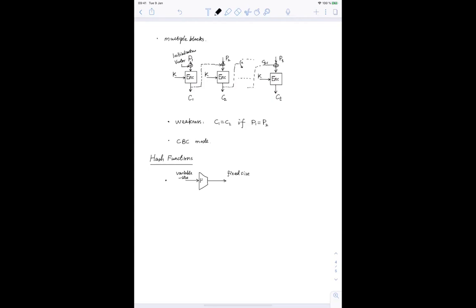The operation is a hash. Normally the output is denoted by lowercase h. h equals hash of M.